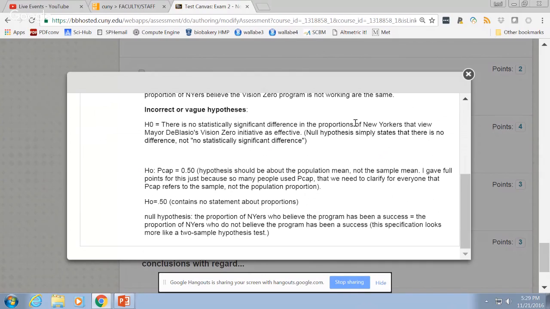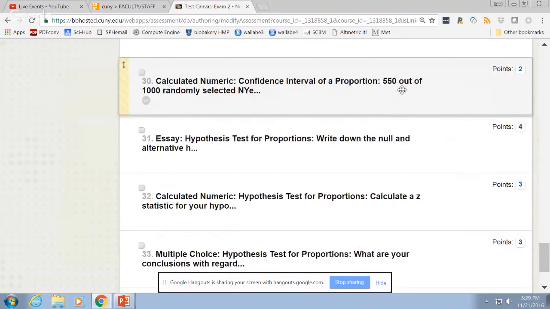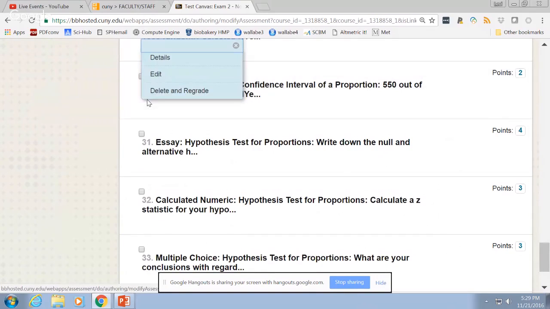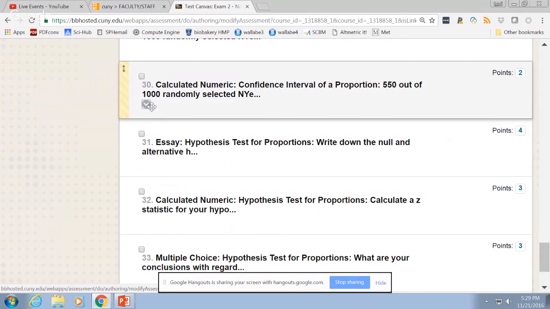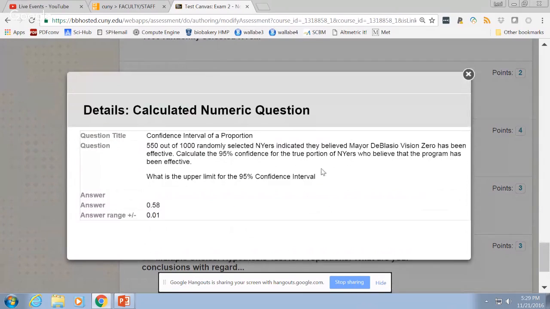Why is it not p greater than 0.5 and less than or equal to 0.5? Because let's look at the question again. Calculate the 95%. Oh no, this is the... 31.